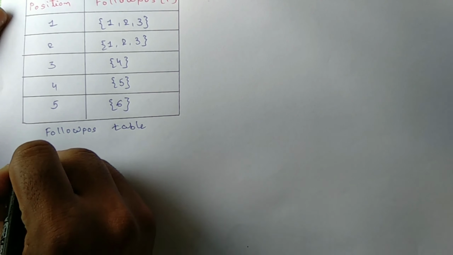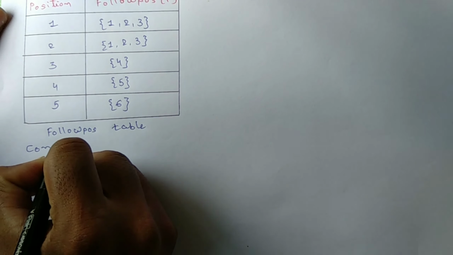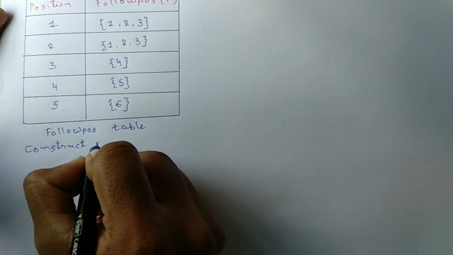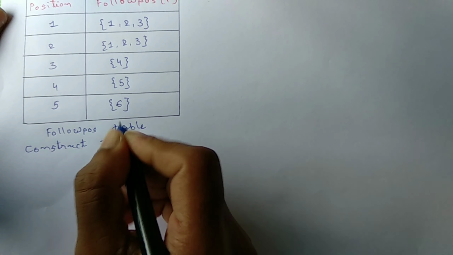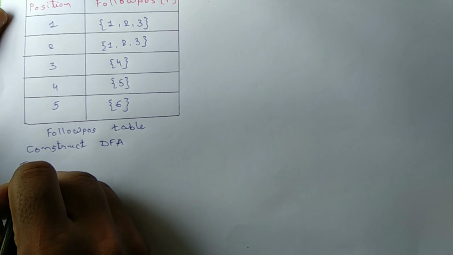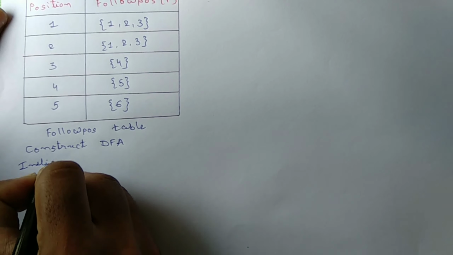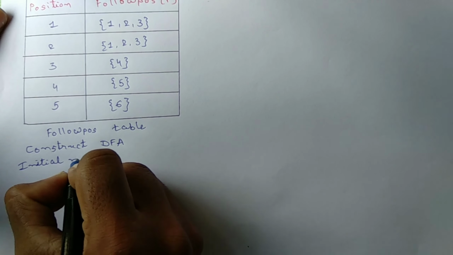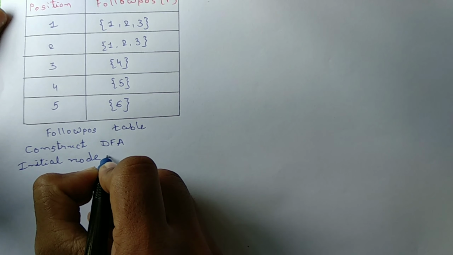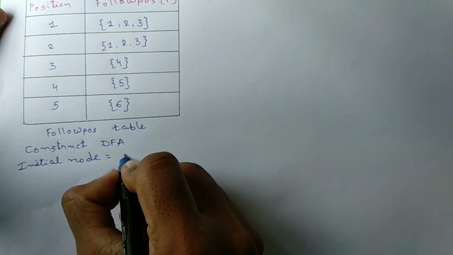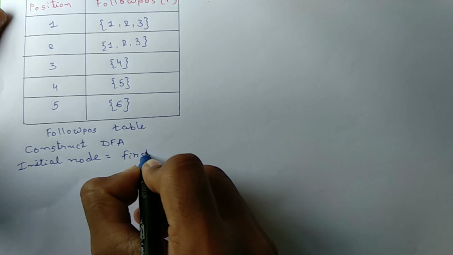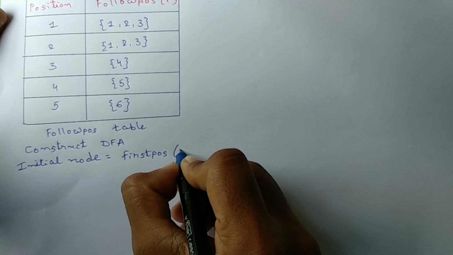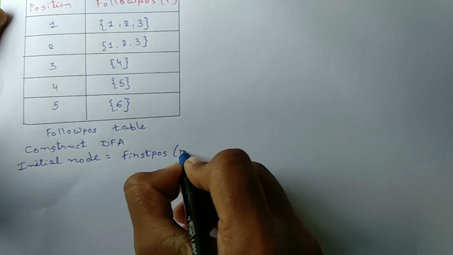So construct the DFA. Initial node is equal to first position of root node, which is equal to 1 2 3.